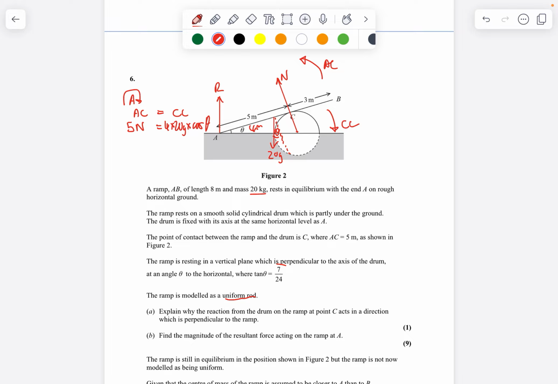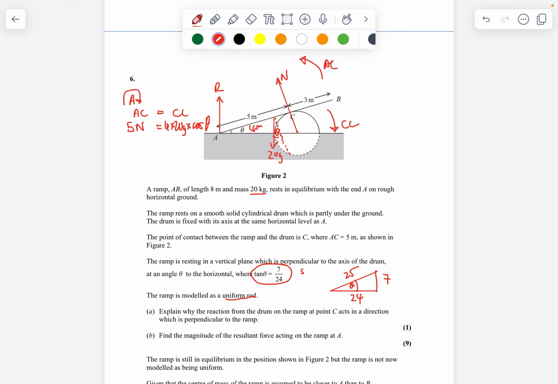And this tells me that tan theta is 7 over 24. So I'm going to draw a triangle. And tan is the opposite, which is 7, over the adjacent, which is 24, which means that my hypotenuse is 25.